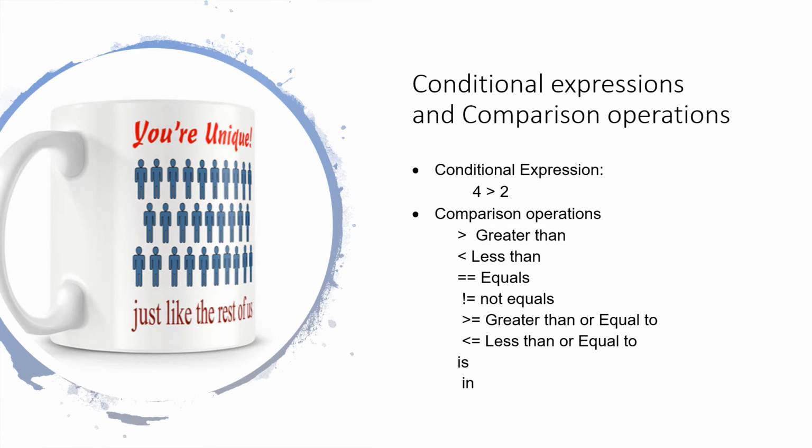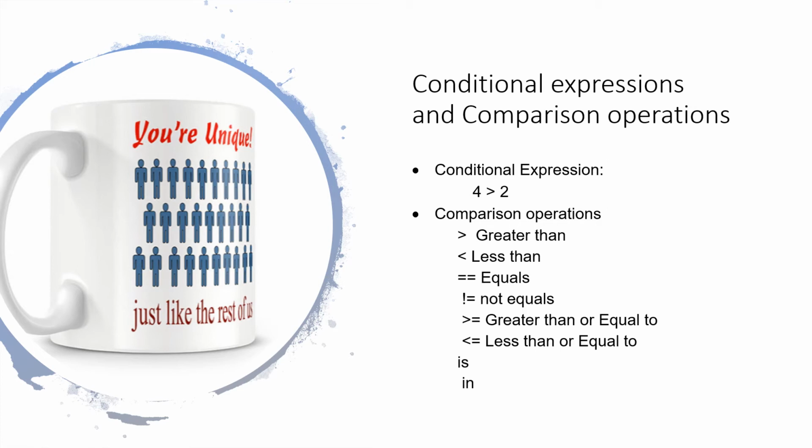A small example of this is shown in these pictures. The left operand being the 4, the conditional operator being the greater than symbol, and the right operand being 2. This just asks a very simple question: is 4 greater than 2?